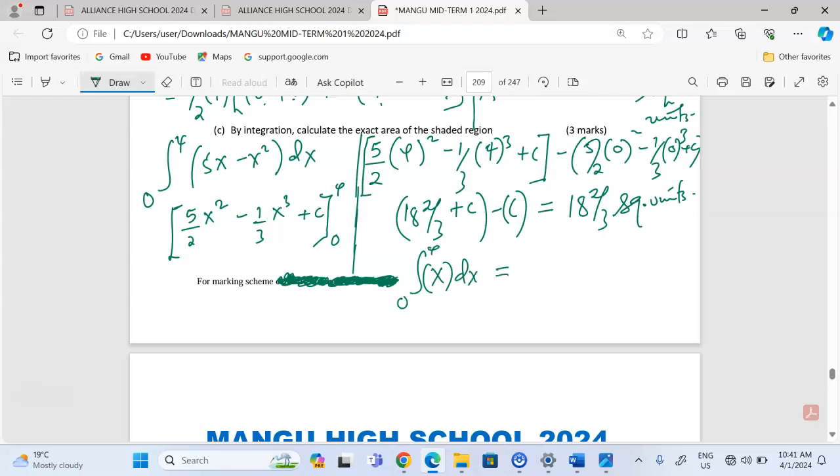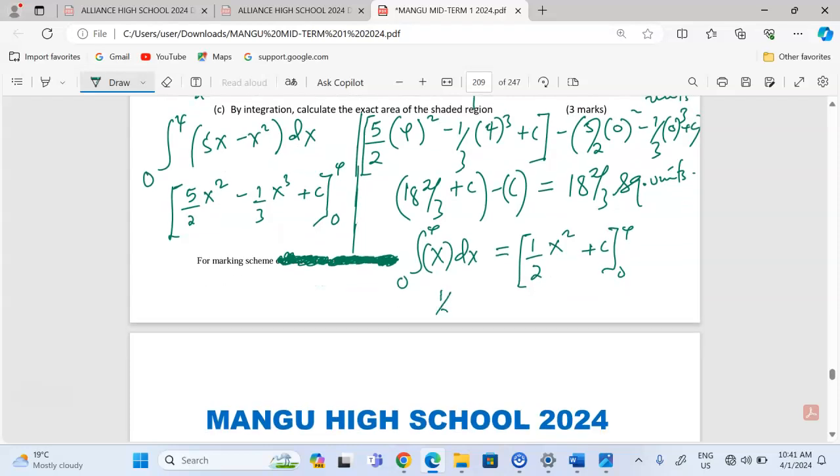We get half x squared plus a constant, from 0 to 4. When we substitute 4, we have half into 4 squared plus a constant minus half into 0 squared plus a constant. This will be 16 over 2, so 8 plus c minus c, which will be 8.